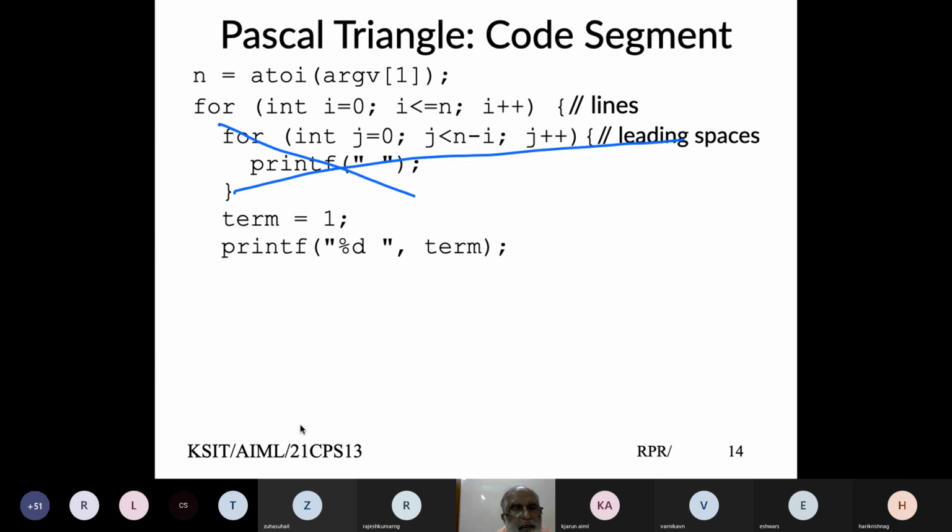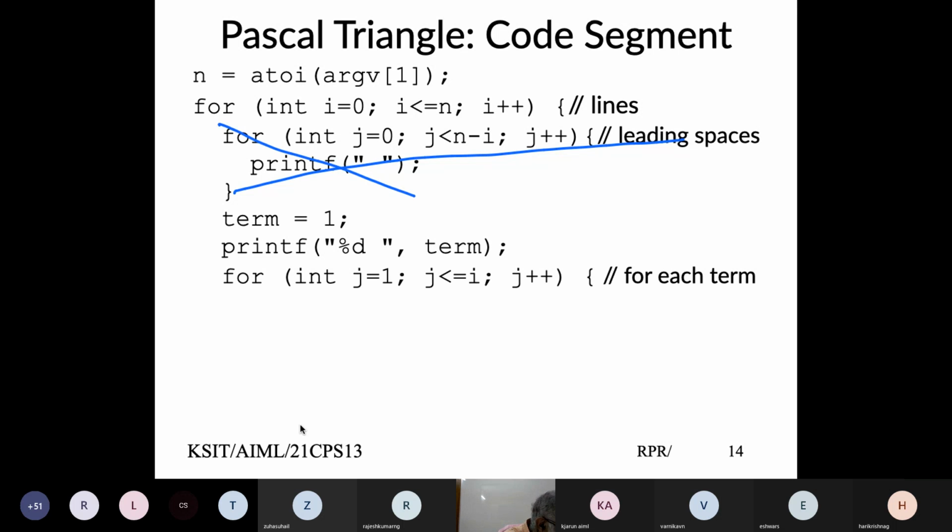So I print the first term as 1, which I am done with, and I run my loop. This is for each term of the binomial coefficient. And we know how we compute the binomial coefficient. Now, you also look at, I'm doing a little more efficiency there. Let's go back to the Pascal triangle.